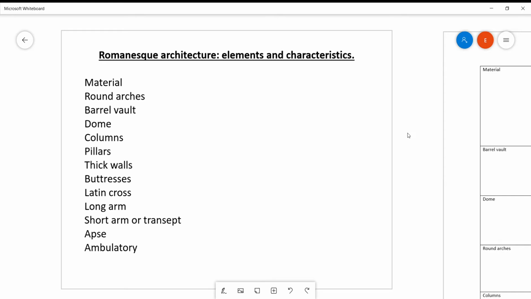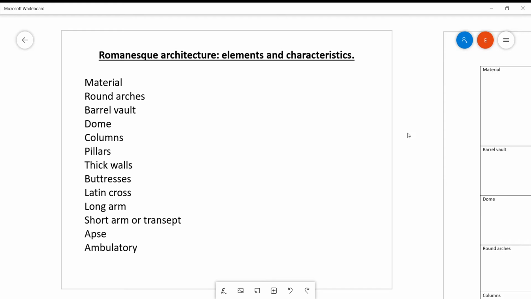Since we have an exam next Monday, we are going to recap a little bit about the different elements and characteristics of Romanesque architecture. Okay, I'm going to send you a series of videos with the different types of Romanesque or different elements of Romanesque in architecture, painting, sculpture, and the same with the Gothic art.